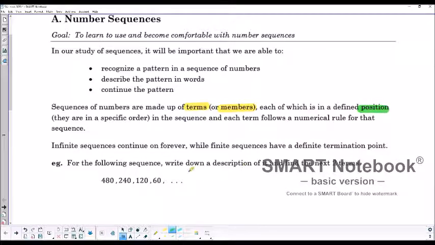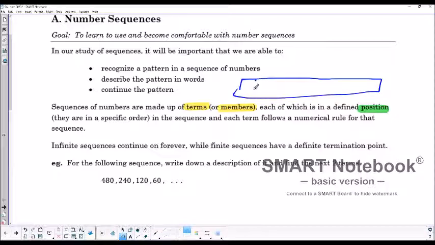So think of cells of a spreadsheet. If we have a bunch of cells in a spreadsheet, here's cell 1, or position 2, position 3, 4, etc.